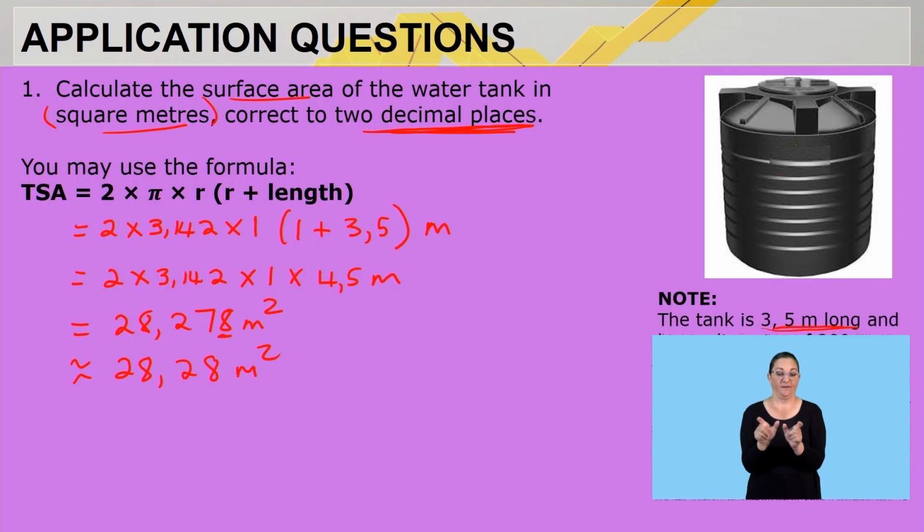I also know the length here is 3.5. I simplified the values in brackets first: 1 plus 3.5, ended with 4.5. Thereafter, I multiplied all my values together. That step we call simplification. Then I ended with an answer of 28.278 square meters. And my last step for my last mark here is to round according to the context, in this case, to 2 decimal places. Guys, I hope that's clear to all of you.